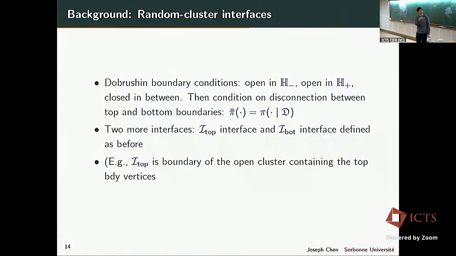So just as we defined, say, the blue interface, which, recall, you just take the connected component of blue vertices and then take the boundary of that, the bottom interface will just be, in random cluster, the connected component of that bottom wired boundary, and take the boundary of that, which separates it from everything above it. So you should think of it as just a complete analog of these Potts interfaces, but we're interested in them because we want to utilize this background edge model.